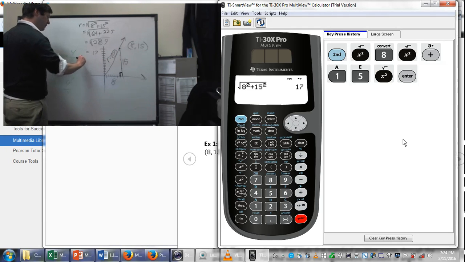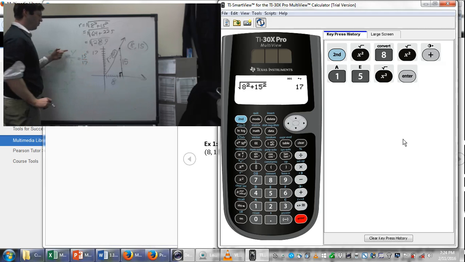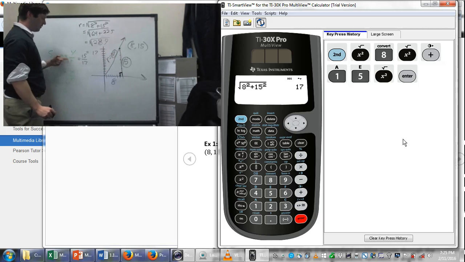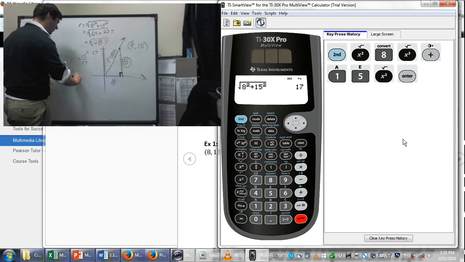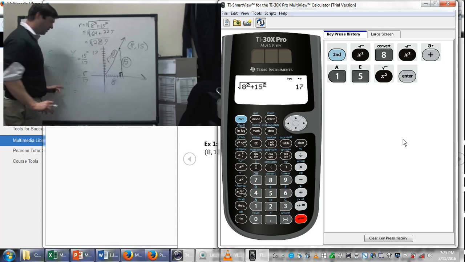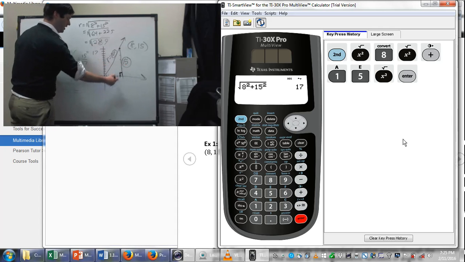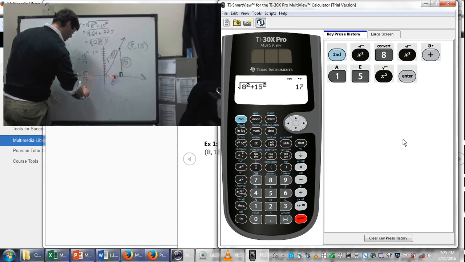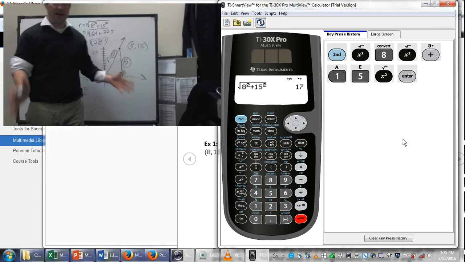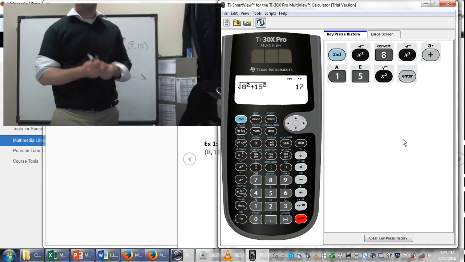So I can do it one step at a time. 15 squared, that's easy enough. It's 225. And that's square root of 289.